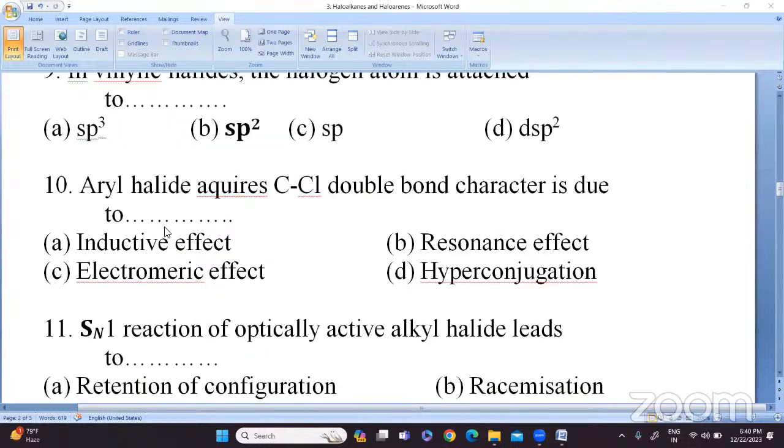Next question. Aryl halides acquire C-Cl double bond character.